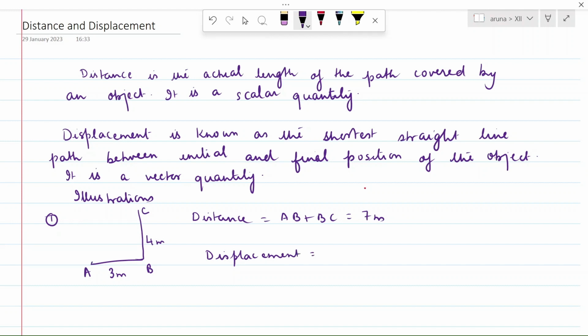This is my initial position and this is the final position, so it is AC. Now AC is the hypotenuse of the right triangle, so we use the rules of geometry to find its length. That will be the square root of 3 squared plus 4 squared, which is equal to 5 meters. So displacement is slightly less than distance.